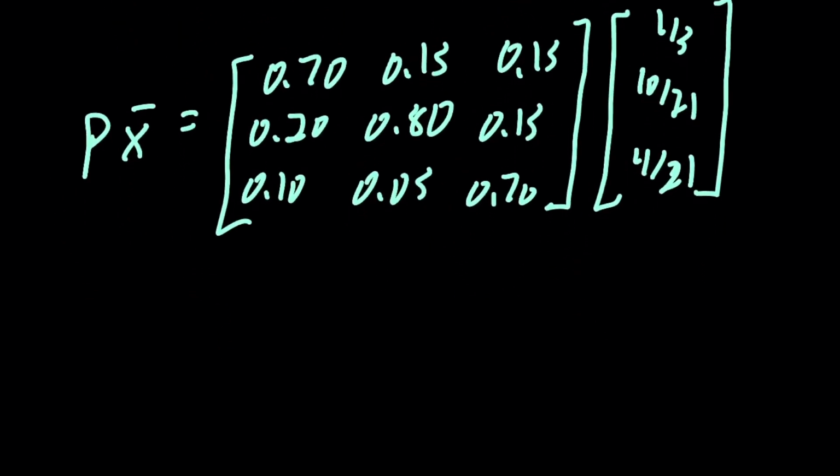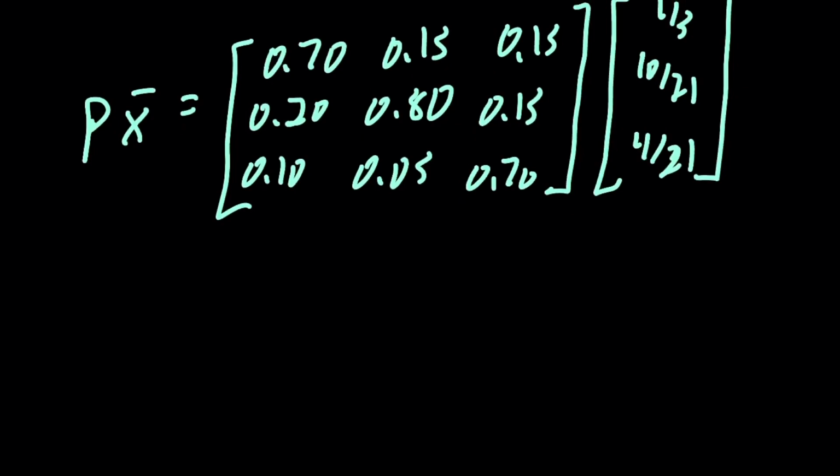It turns out, you guys, that when you multiply the probability matrix by the average, well, it's technically a steady state, you are going to find out that the probability matrix times the steady state is equal to the steady state. And we're going to verify this later on.